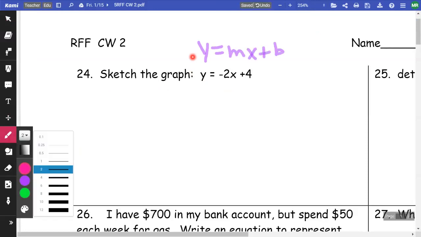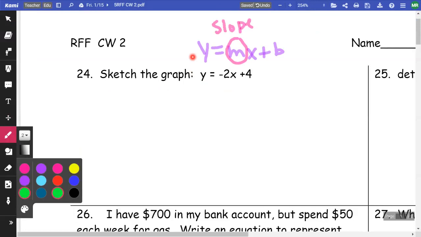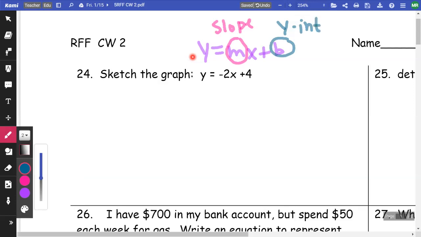where your m is your slope and your b is your y-intercept. So for this problem, let me first draw my grid.